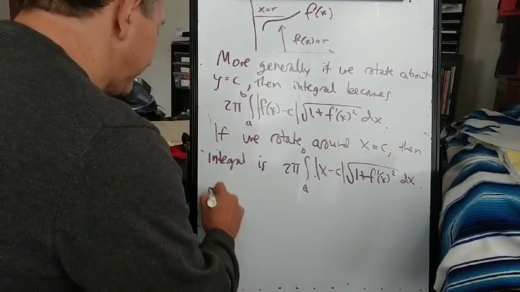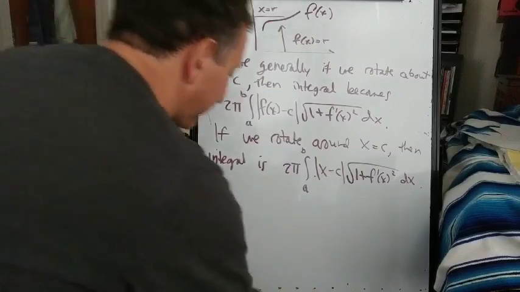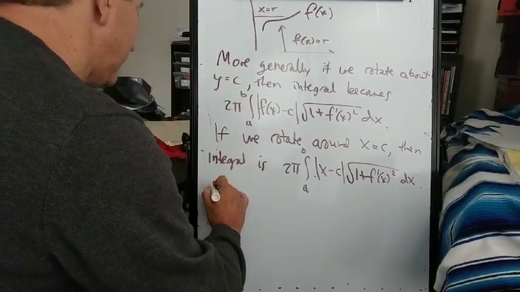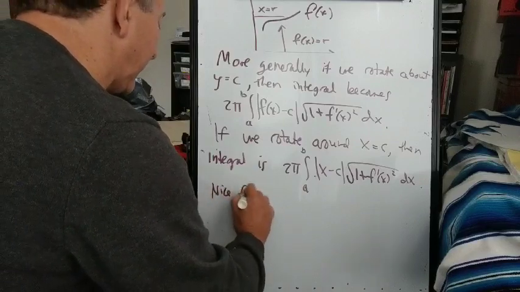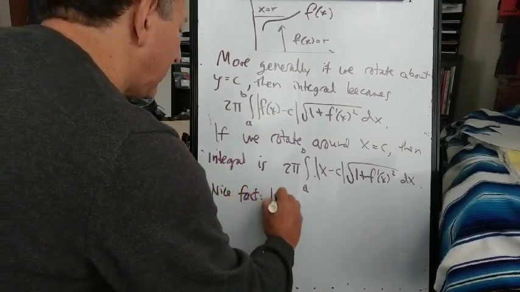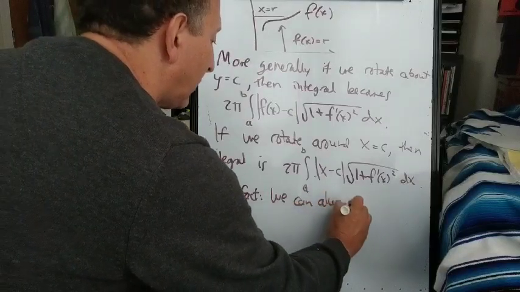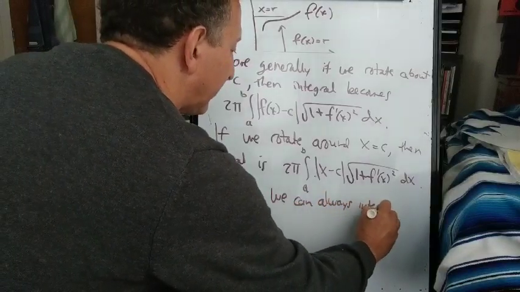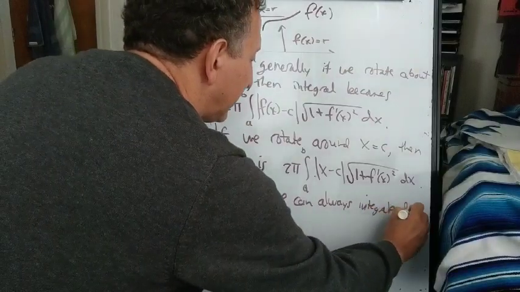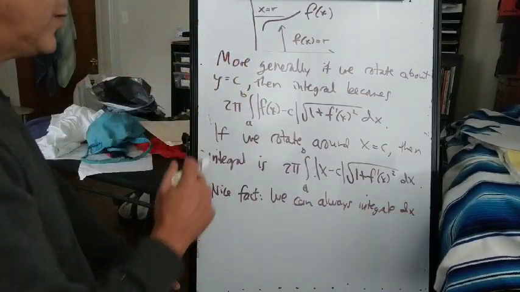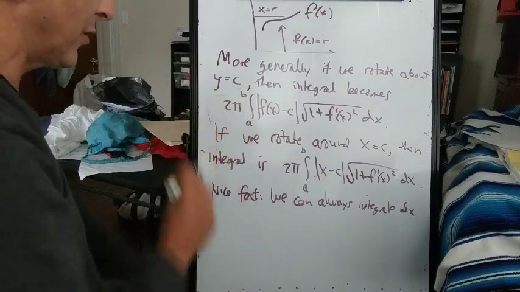Now, let me write down what I said. So, nice fact. We can always integrate dx, whether we're revolving around a vertical line or a horizontal line.